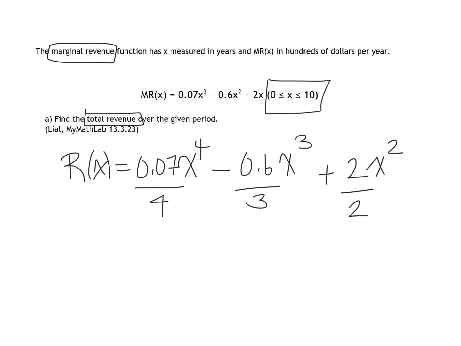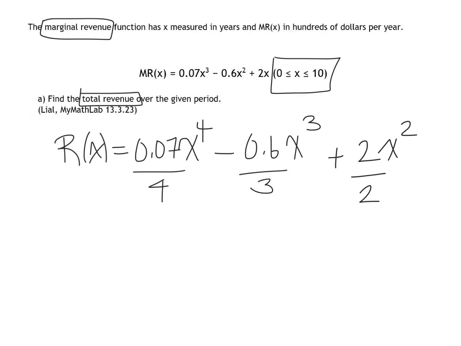Now, do we need the constant here? Do we have a point on the function to help us find the constant? We're not given it, so it's a clue that we may not need to find C, and this is why.